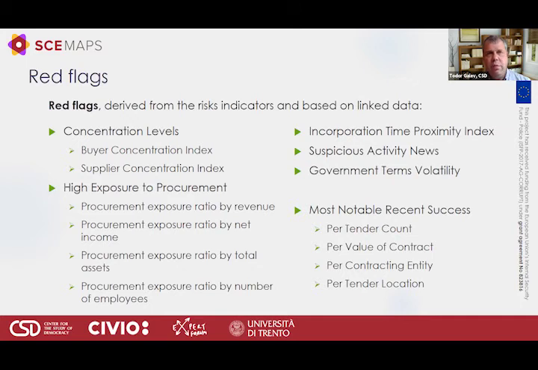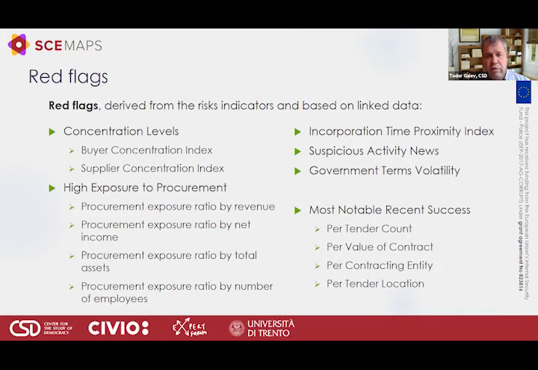The four groups of red flags are measuring concentration level, buyer concentration index, supplier concentration index, high exposure to procurement, incorporation time proximity index, and so on and so on. I will not stop on all of them. As I said, you can find their description in the technical guide in the web platform. I just want to give you an example.